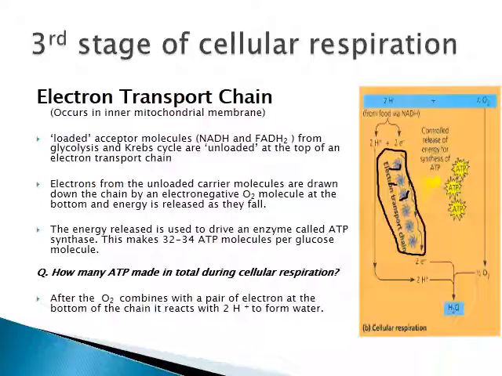So let's go back a step. We have pumped the hydrogen ions from the mitochondrial matrix into the intermembrane space. And we've kept pumping them into the intermembrane space so that we've got a concentration gradient, whereas the hydrogen ion concentration in the intermembrane space is a lot higher than the hydrogen ion concentration in the mitochondrial matrix. Now, natural laws of diffusion will mean that the hydrogen ions will want to diffuse from high concentration in the intermembrane space across the membrane to low concentration in the mitochondrial matrix.